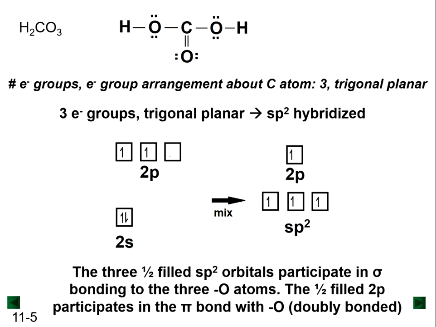So the 3 sp2 hybridized orbitals give us the first sigma bond all the way around, and then the double bond with oxygen comes about from the unhybridized 2p atomic orbital interacting with an oxygen p orbital.